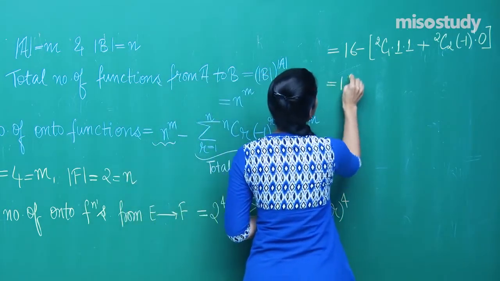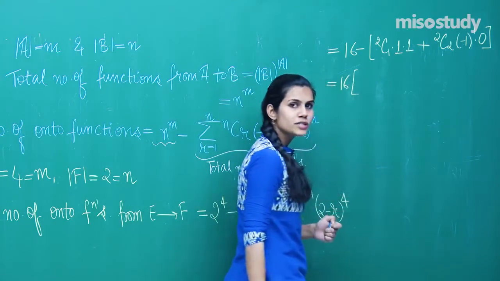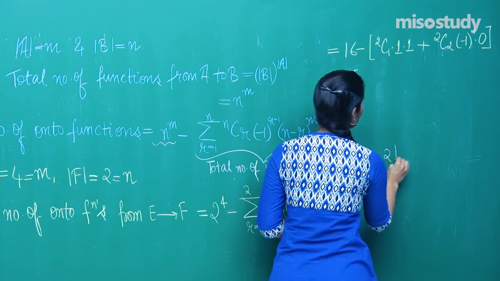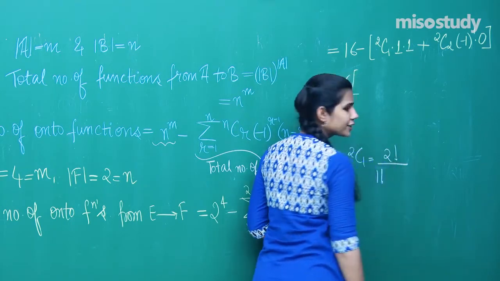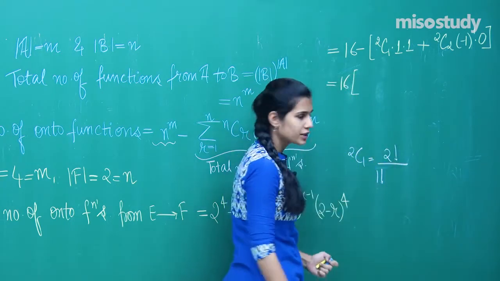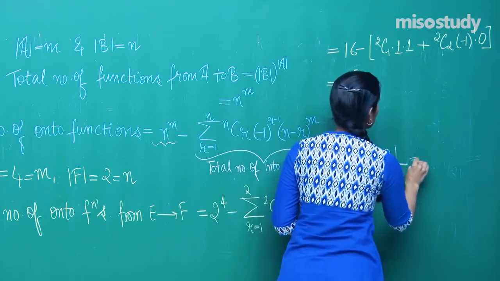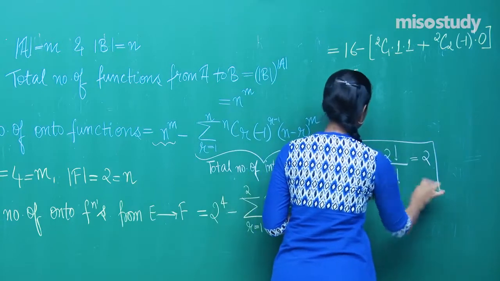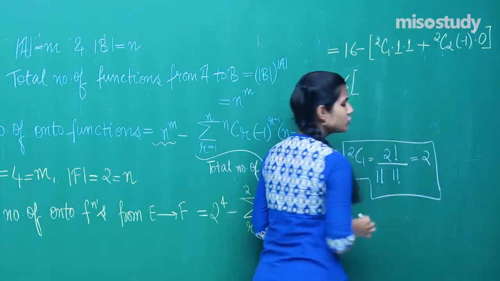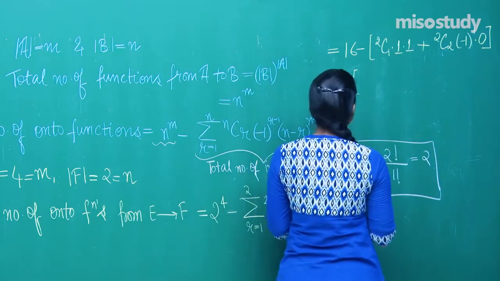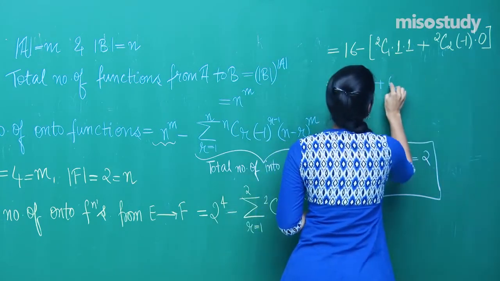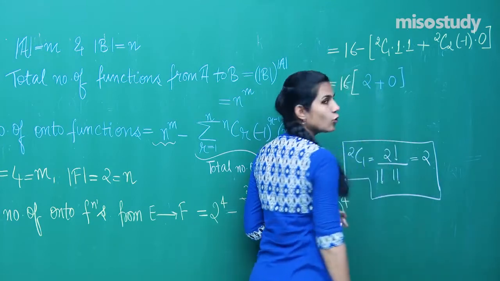So, this happens to be 16. What is 2C1? Well, 2C1 is 2 factorial upon 1 factorial into (2 minus 1) factorial, which is again 1 factorial, and that is nothing but 2. So 2C1 is equal to 2, thereby giving you 2 over here, plus 0 into anything is 0.